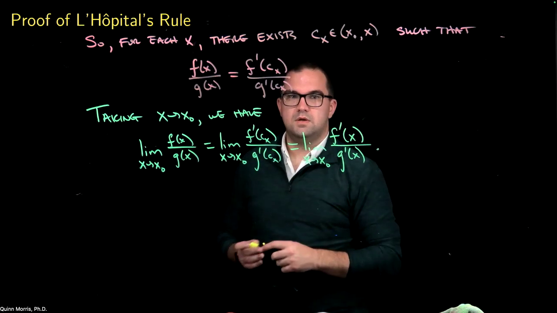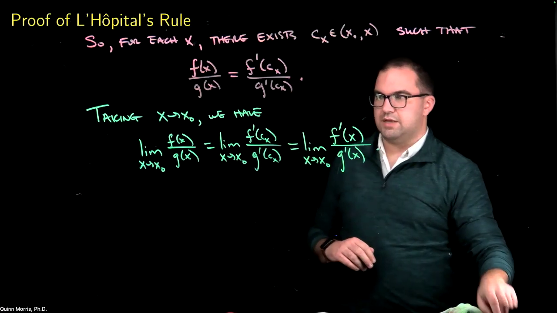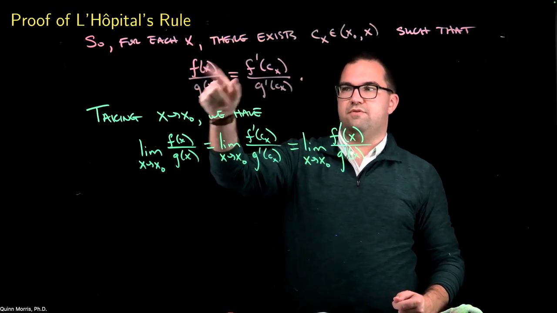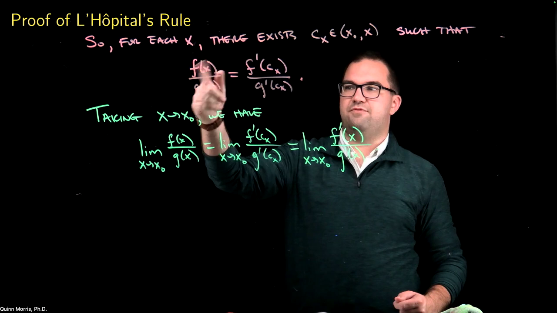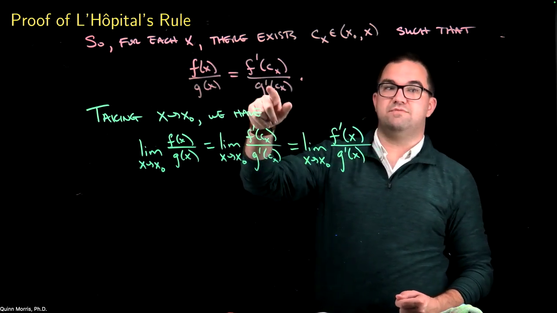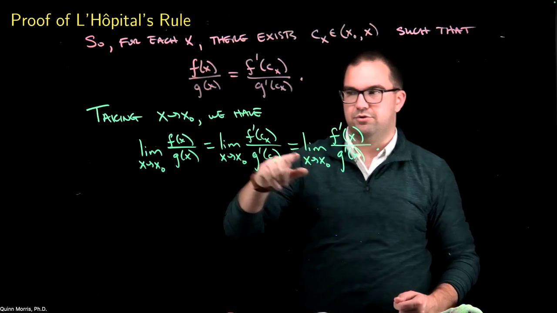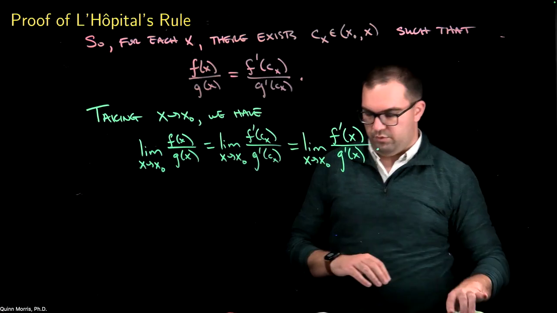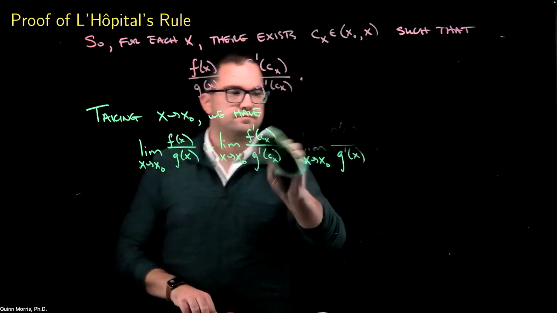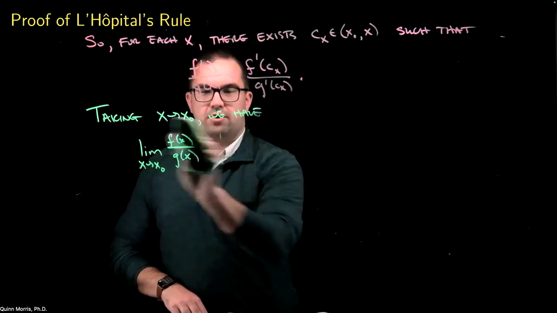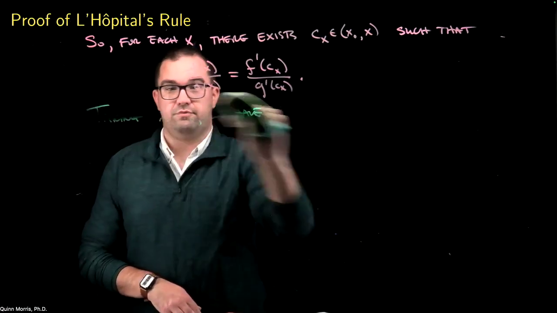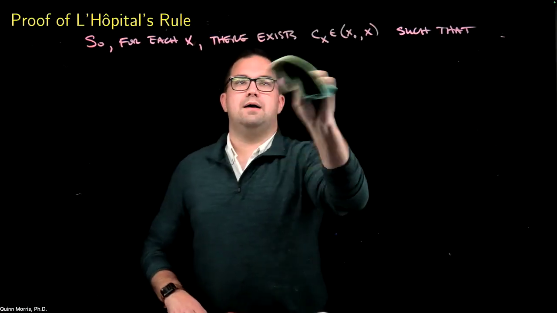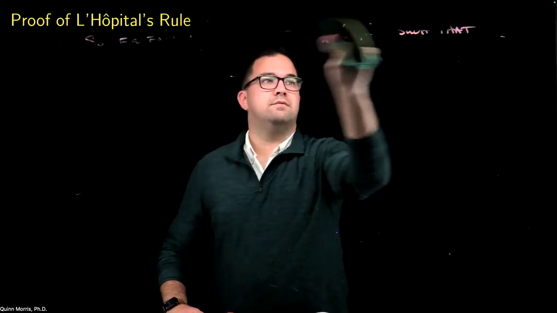So Cauchy's mean value theorem helps us significantly in this crucial step of approximating f of x over g of x by f prime of some value over g prime of some value. And then in the limit, we're able to recover the exact result that we want. So again, L'Hopital's rule is a very handy theorem for computing limits by hand.